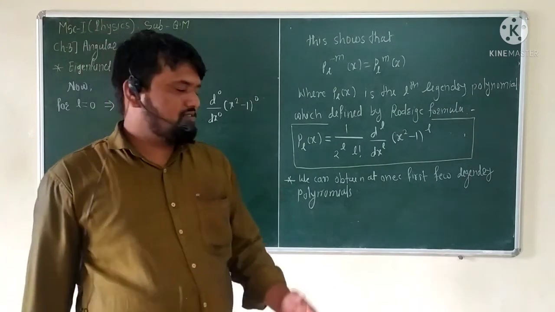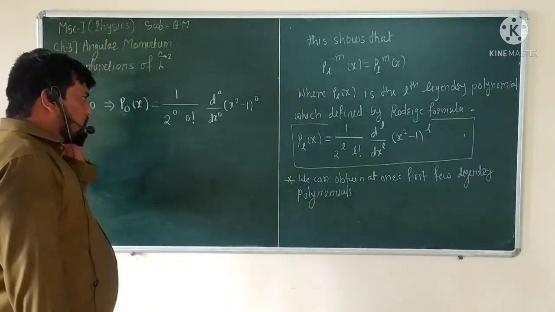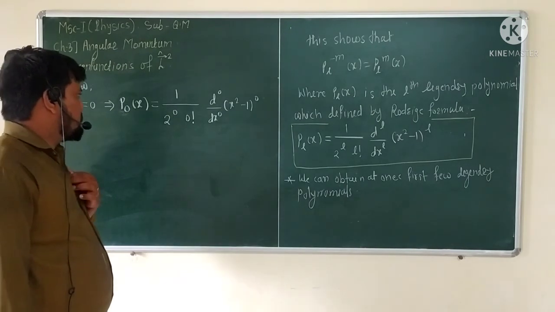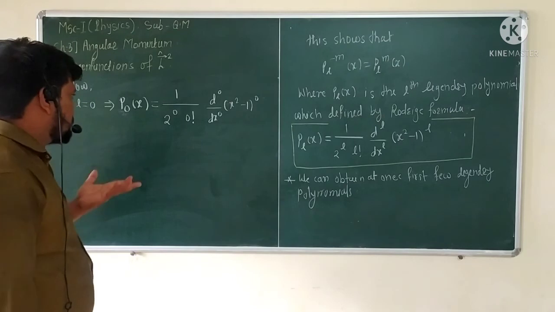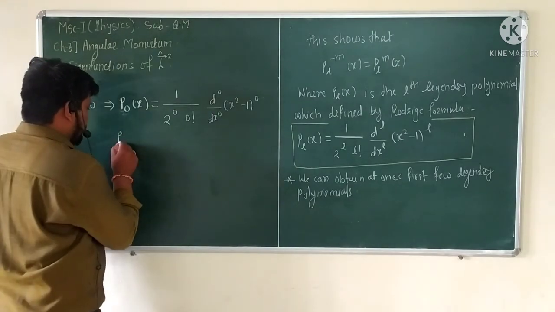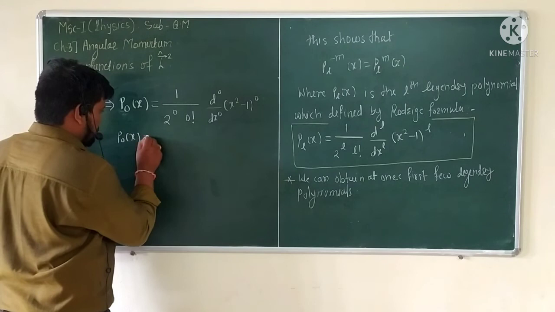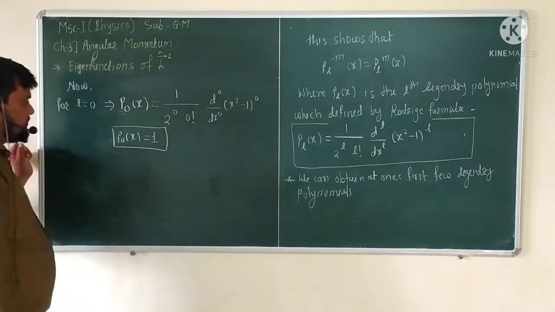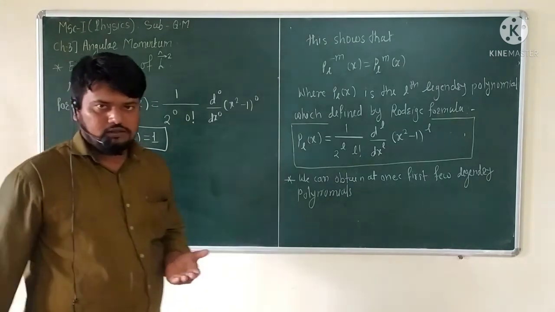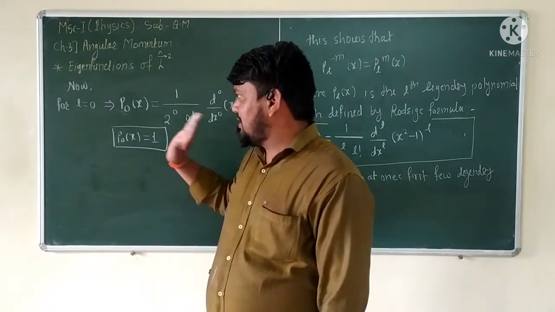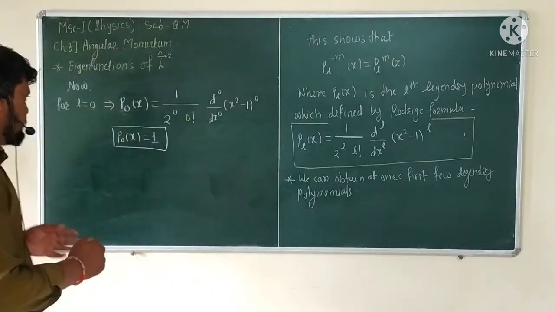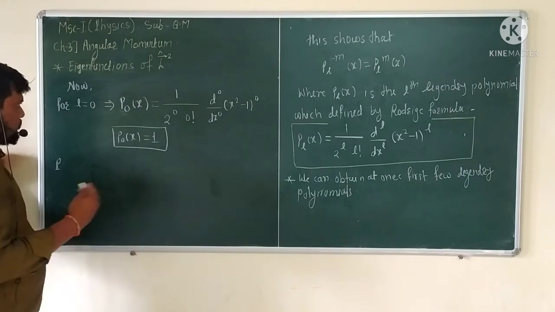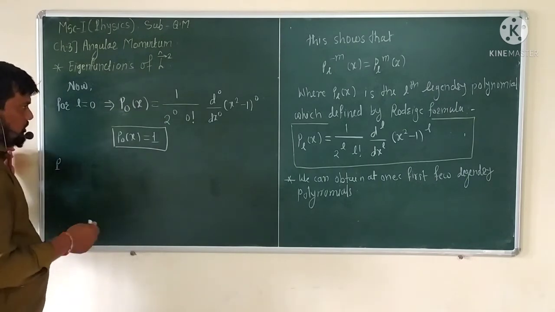The answer for this polynomial is: 0 factorial is 1, 2 power 0 is 1, so 1 by 1, which is 1. So the value of the first polynomial is P_0 of x equal to 1. Now we want to solve the Legendre polynomial taking l equal to 1. I want to solve the first few polynomials here; other polynomials you can try yourself.